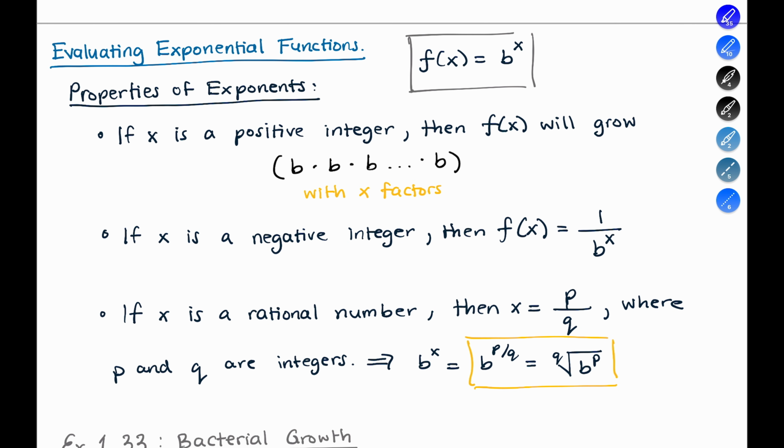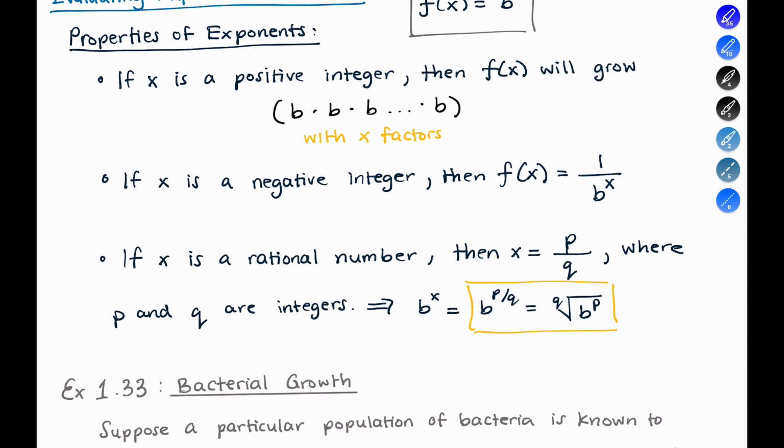If x is a negative integer, then f of x will be 1 over b to the power of x, where this x is a positive integer, and this x would be -1. It's just the opposite. And if x is a rational number, then x is equal to p over q, where p and q are integers.